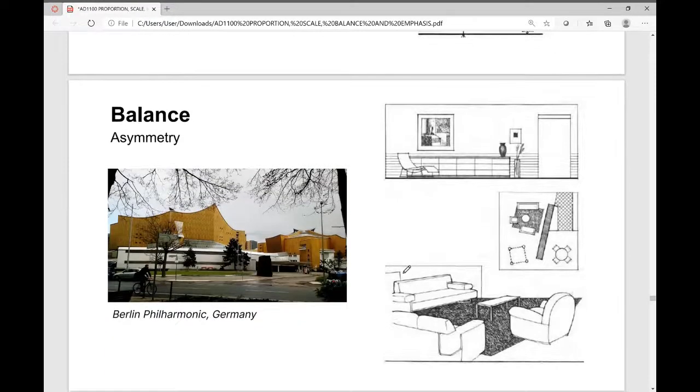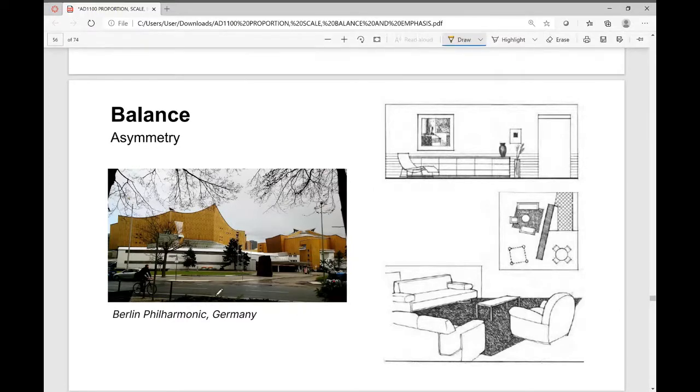So asymmetry. So you have this design. It doesn't really mirror, but it has a weighted balance. So you have the weight and the color of the space in relation to this, even to have this grandeur of a scale here, but it's very carefully laid out to be plain.